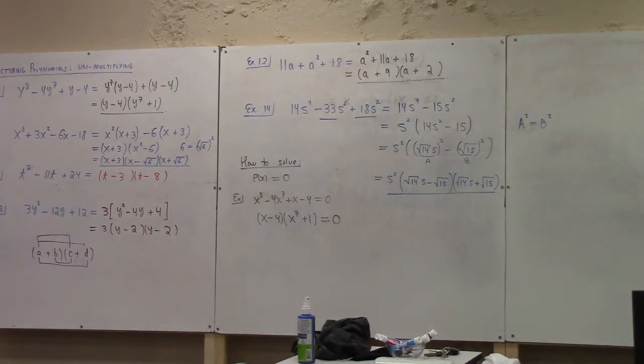Because one of the fundamental properties of real numbers is that if you have a product of two real numbers equal to 0, it must be what? Either one or the other, or both of those numbers have to be 0. You can't have two real numbers multiplied together and get 0 unless one of those numbers is 0 itself, right?